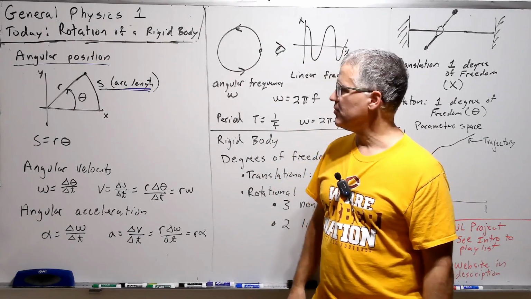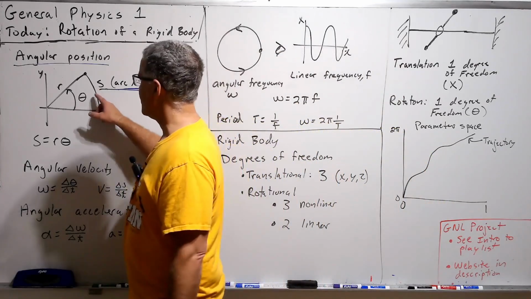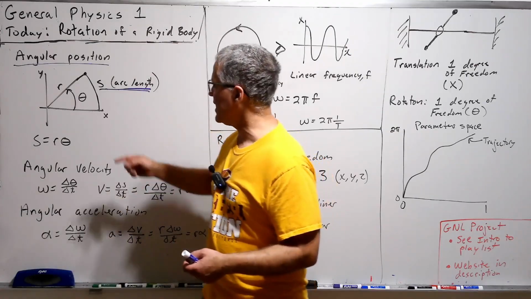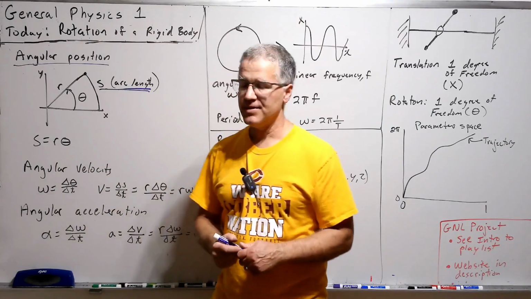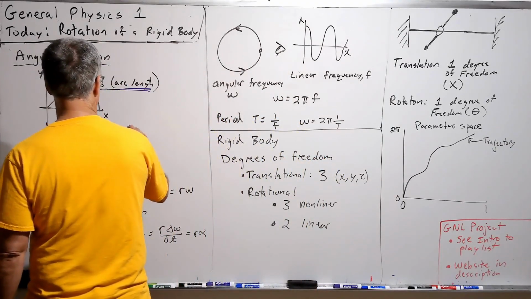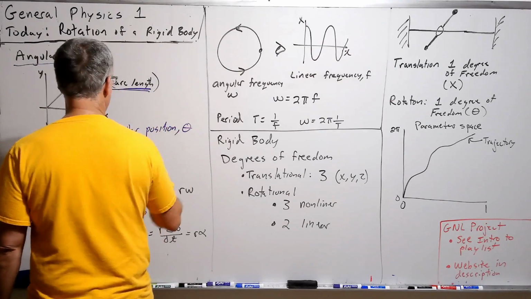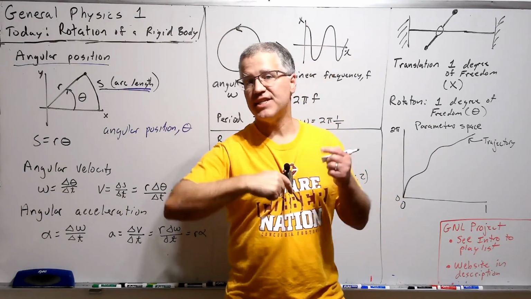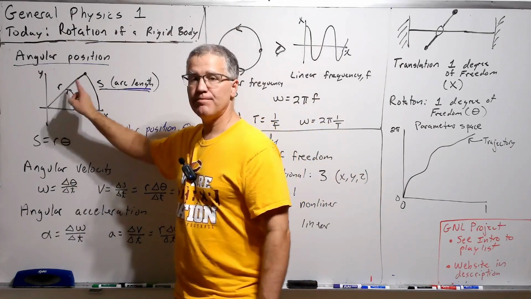And that's given the symbol s here. Now, this distance, if you remember your geometry from high school, is going to be related to the radius and the angle over which it traverses. So we can talk about an angular position theta, right? What angle has it traversed? And then to get to the actual distance it's traversed, we just multiply by the radius.